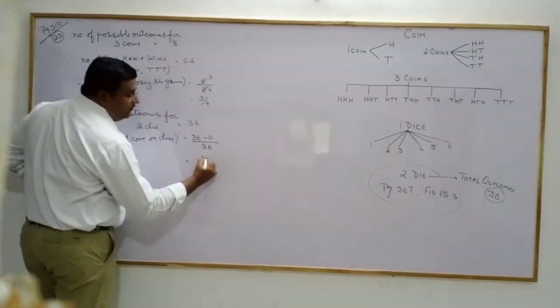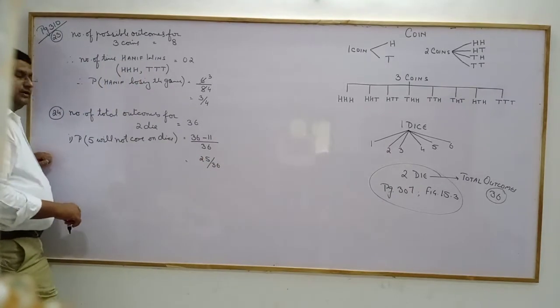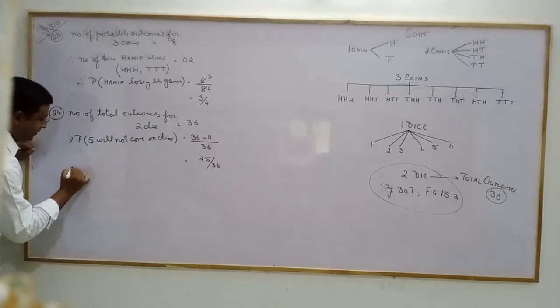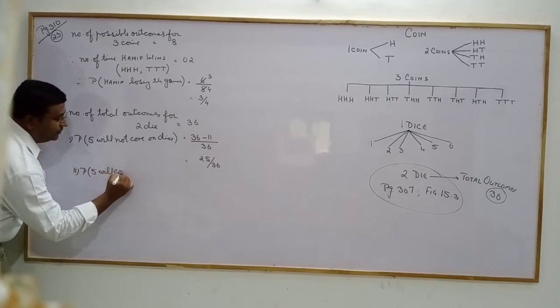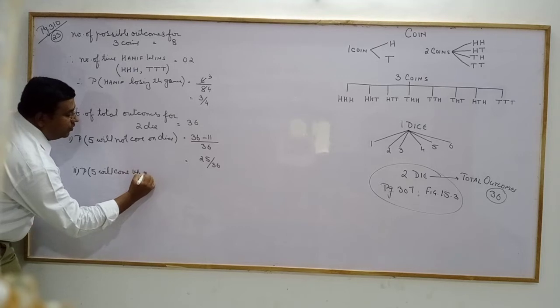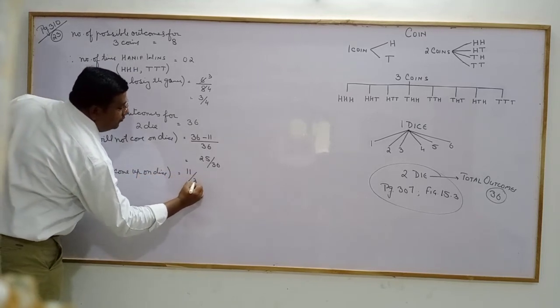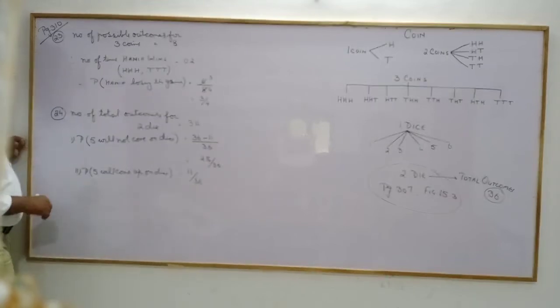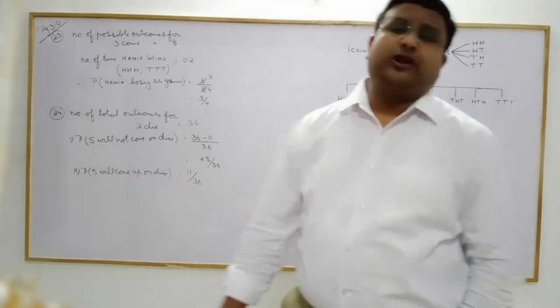So that is 25 out of 36. Correct. And the second part, probability that 5 will come up on dice. So that is 11 out of how many? 36. You can see the results over there given to you: 1, 5, 5, 1, 2, 5, 3, 5 and so on.